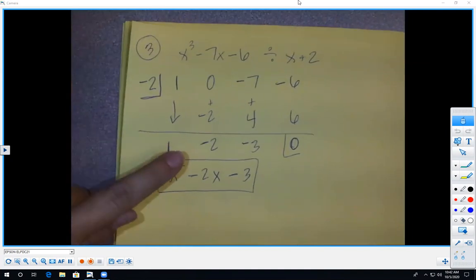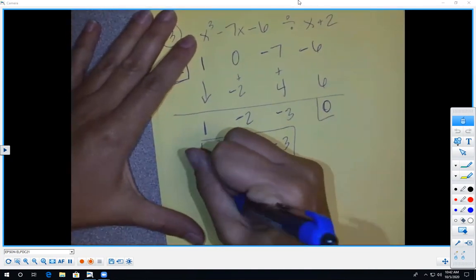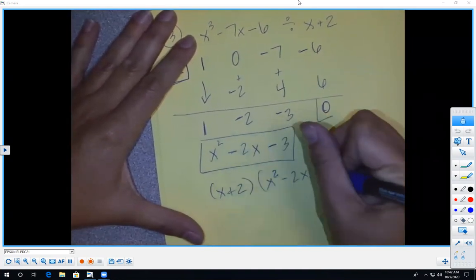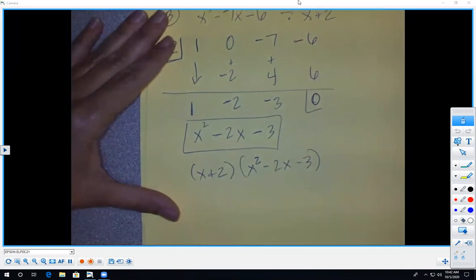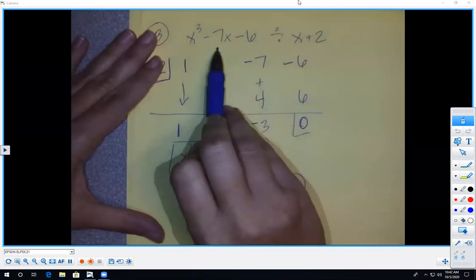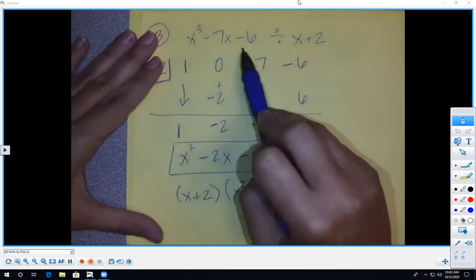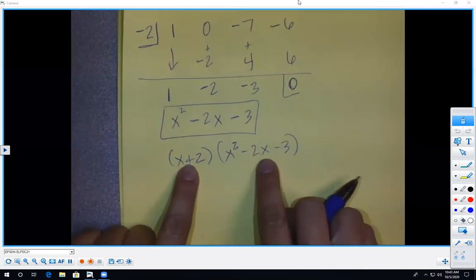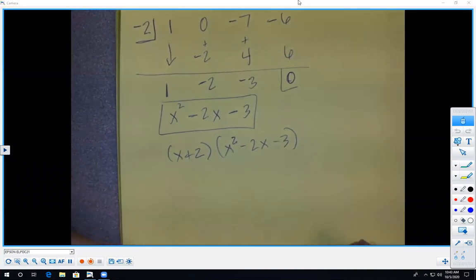But by using synthetic division, I just learned that this factors into x plus 2 times x squared minus 2x minus 3, right? It's like 15 divided by 3 equals 5, so 3 times 5 equals 15. Now look at this piece that we found, the x squared minus 2x minus 3. Can I factor that? That's AC method. And I can get all my solutions here now.